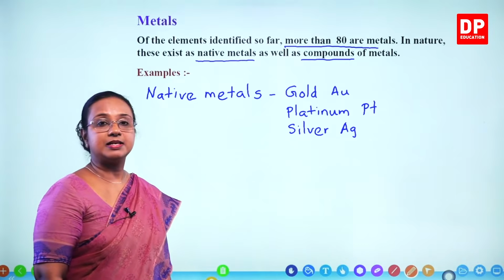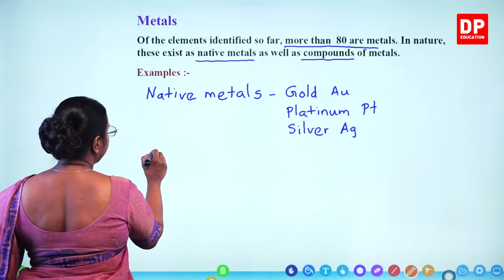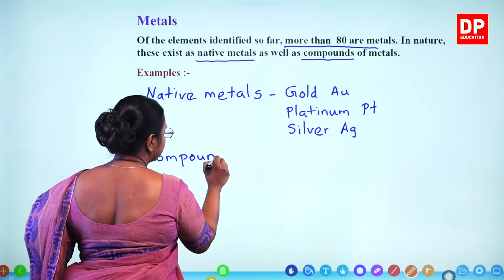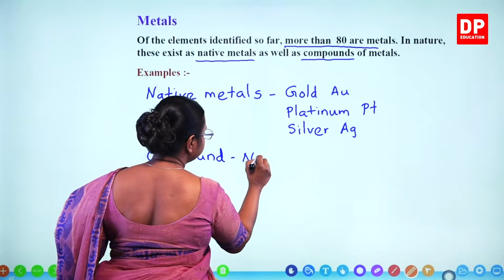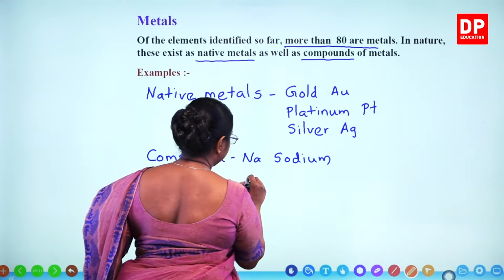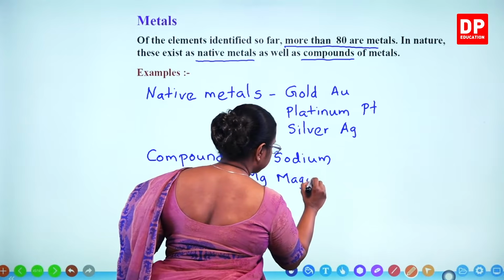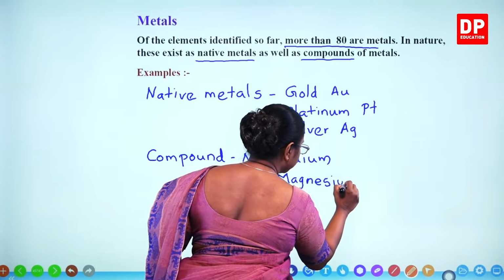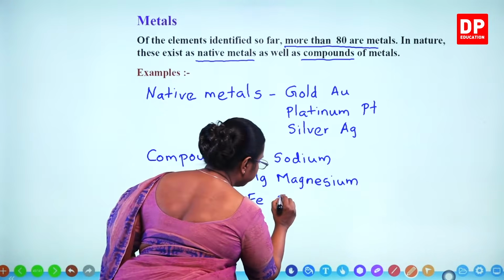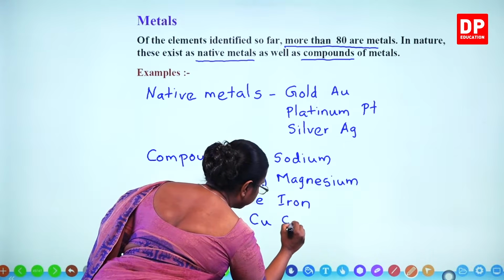And most of the metals are found in the form of compounds. For that, we can look at many examples. Metals like sodium, then we have magnesium, even iron, Fe, and copper.